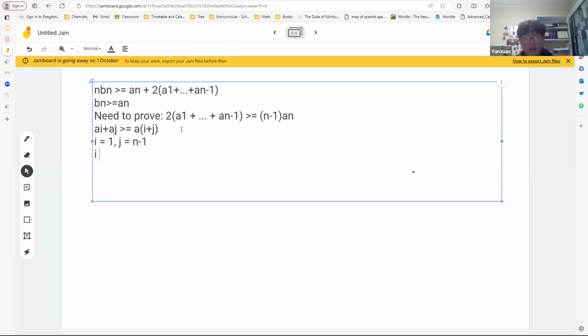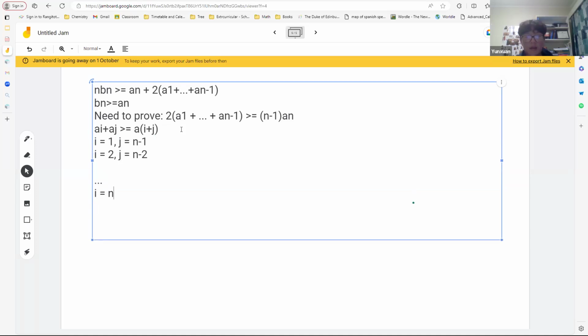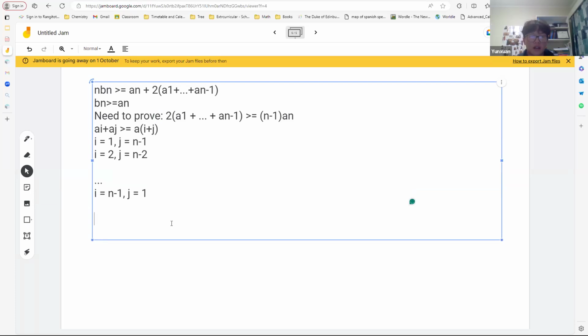And then i equals 2, we have j equals n minus 2. Dot, dot, dot. We have i equals n minus 1, j equals 1. So how many terms is this of an? It's exactly n minus 1 an's. So if we do n minus 1 of these through i equals 1, j equals n minus 1, all the way to i equals n minus 1, j equals 1, we get that this is larger than or equal to n minus 1 times an.